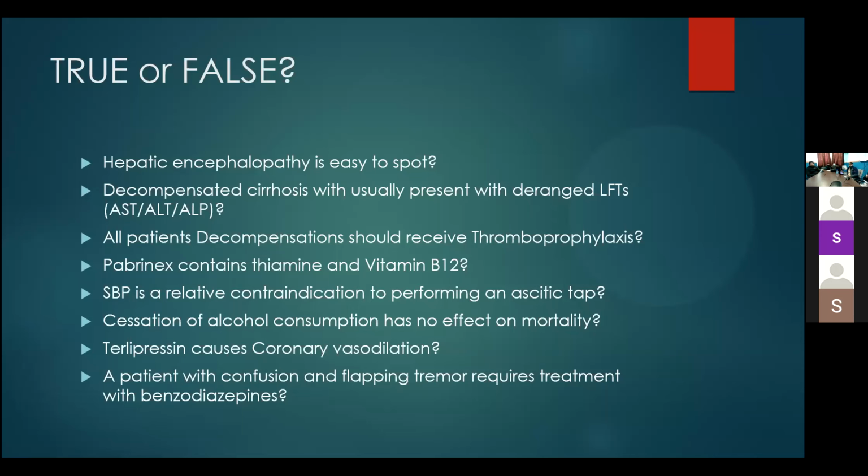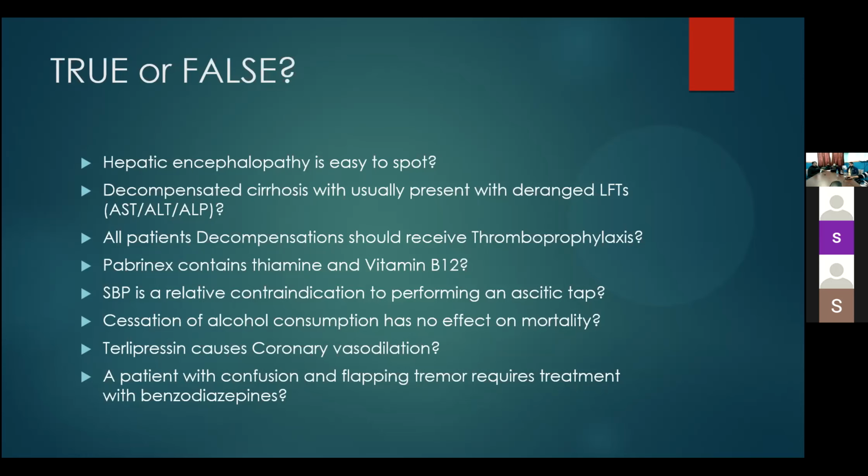Next one: decompensated cirrhosis will usually present with deranged LFTs, especially in the transaminases. True or false? True. It can do, but often patients with severe cirrhosis don't have a lot of functioning liver cells left to get damaged.